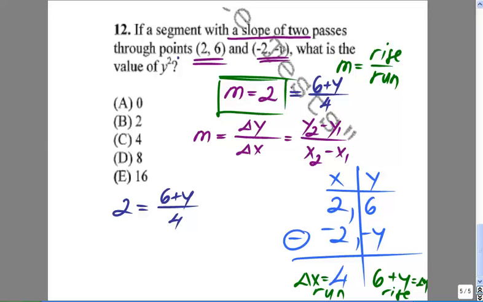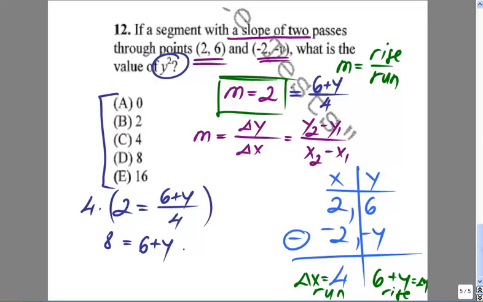To solve for y, because we're looking for y squared, let's not forget about that. And you have the 5 options in here. This is an SAT test. You're multiplying by 4. 4 times 2, 8 equals 6 plus y. If you solve for y by taking 6 away from both sides, you find out that y equals 2.